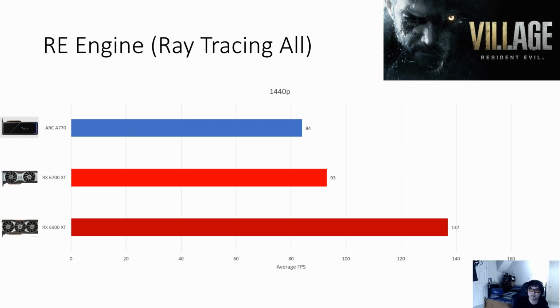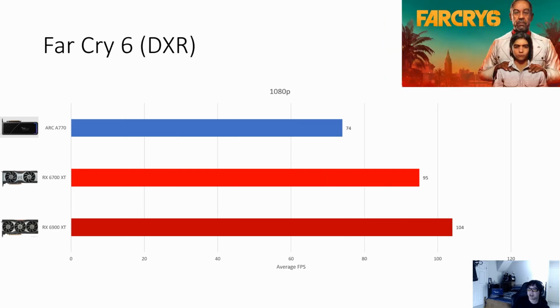So I did really want to showcase it here. And the results with the ray tracing do look really good. I mean, it seems like it's very well optimized, and it's a far cry from the results that we saw with Quake 2 RTX.